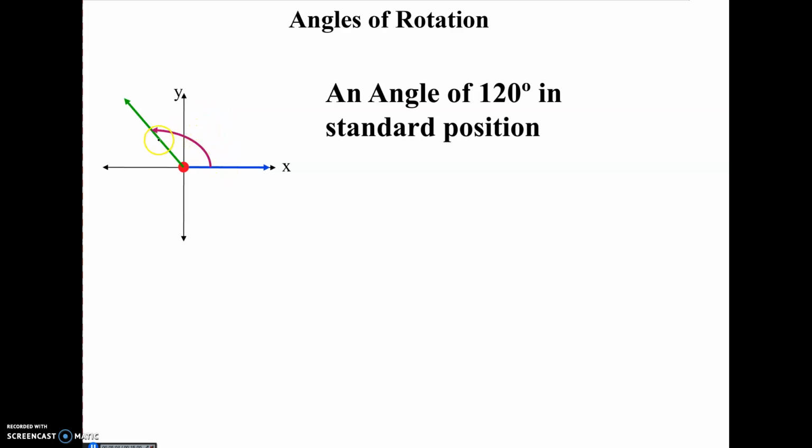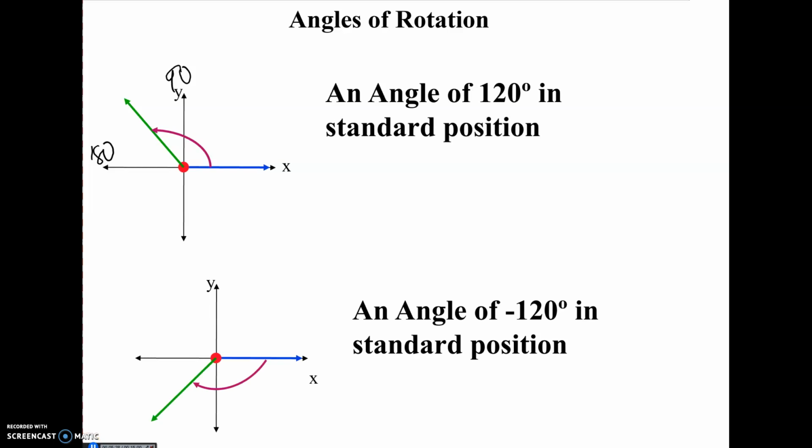If I go another quarter turn, now this is 180. I can't go past this bar on the x-axis because then I've exceeded 180 degrees. So I know that 120 degrees falls between 90 and 180 degrees, so I need to make sure the terminal side terminates in the second quadrant.